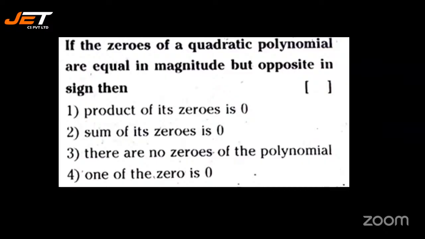If the zeros of a quadratic polynomial are equal in magnitude but opposite in sign, then dash. Product of its zeros is 0. Sum of its zeros is 0. There are no zeros of the polynomial, or one of the zero is 0. Right? So give me the answer for this.